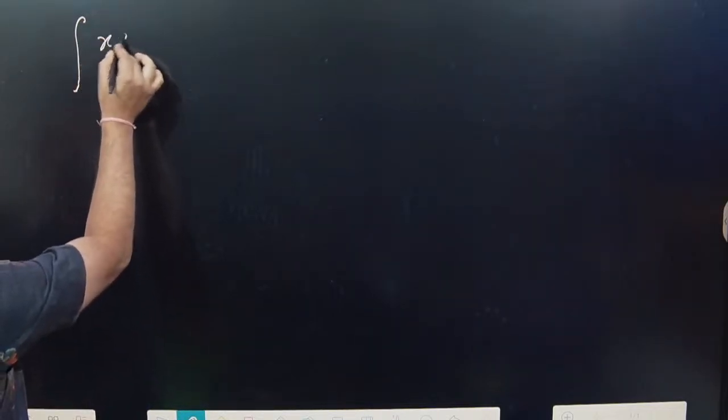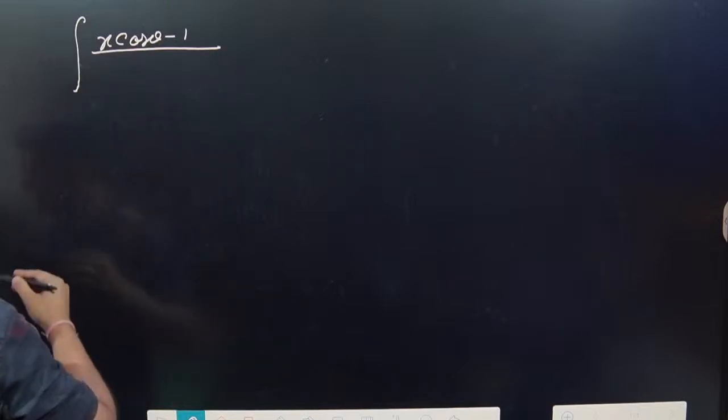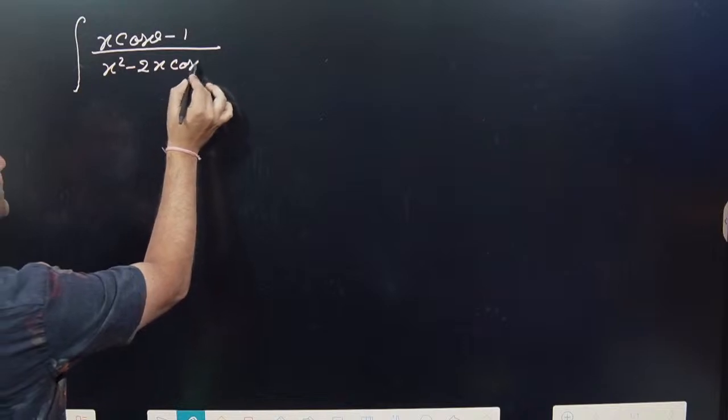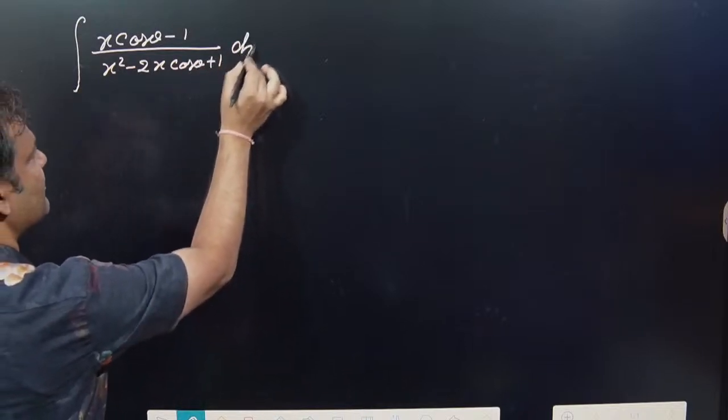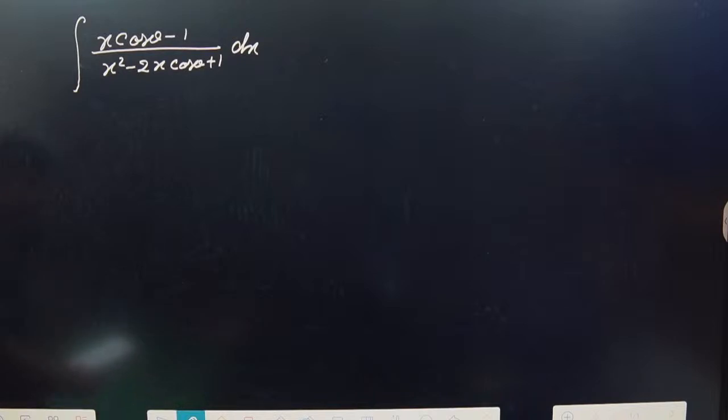Here, integral of x cos theta minus 1 whole divided by x square minus 2x cos theta plus 1 into dx. How can we solve this? Simply look here very carefully. x cos theta minus 1 dx divided by x square minus 2x cos theta plus 1. How can we solve this type of problem?